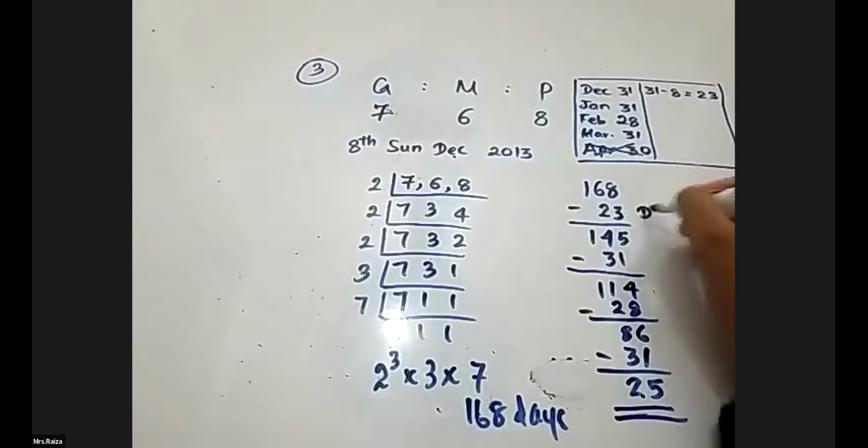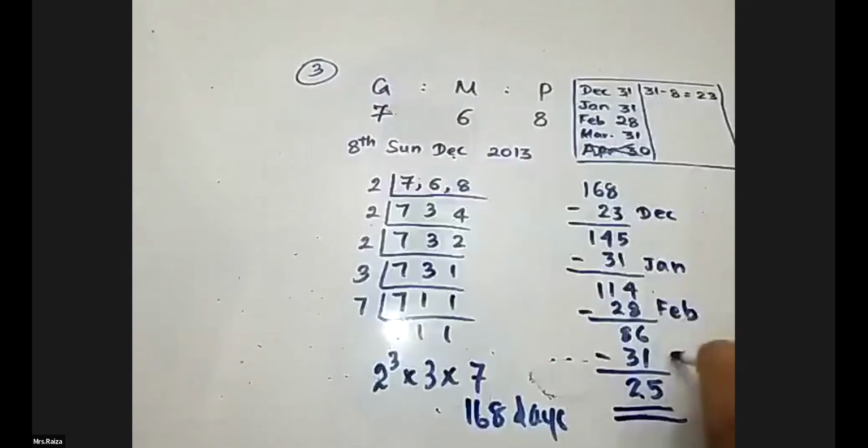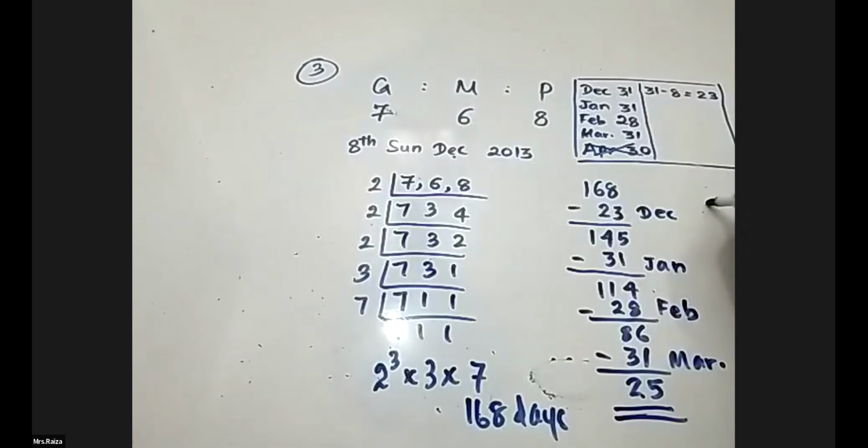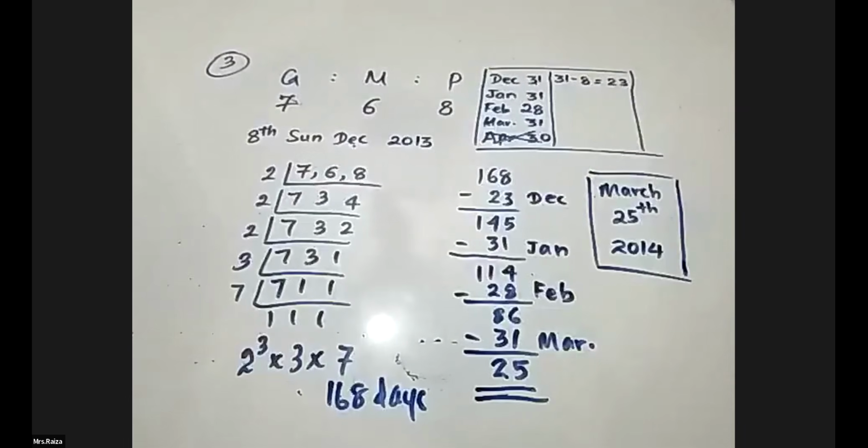This is the month of December, January, February, March. So when are they going to meet again? They will meet on March 25th, and the year will be 2014. The next year, March 25th, Gunatilaka, Muhammad, and Pereira, all of them are going to meet again.